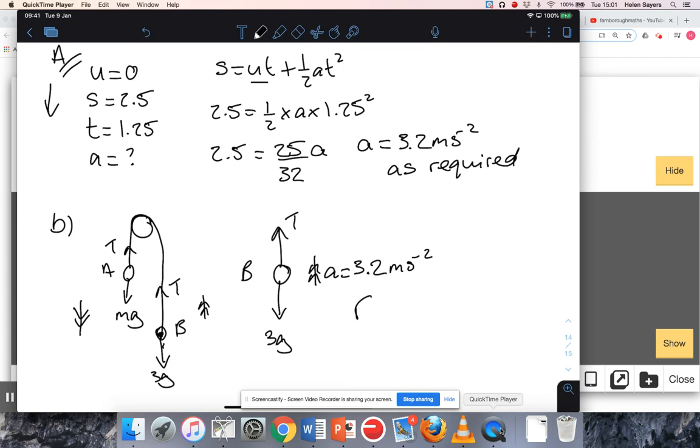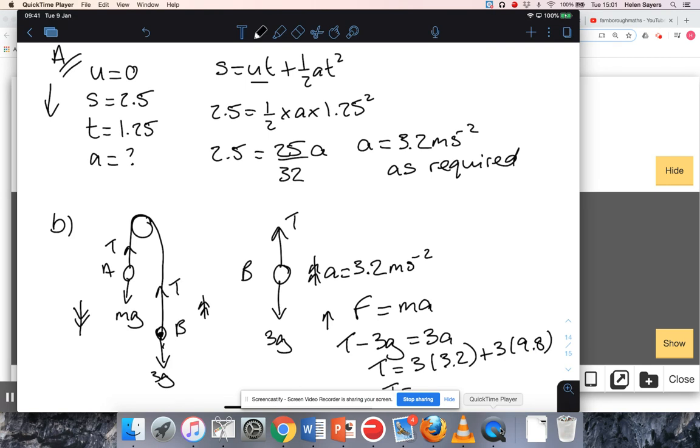So if I use F equals ma on B, and I take up as positive, the resultant force upwards is T minus 3g, and that's going to equal 3a. So T is going to be 3a plus 3g, and I know that a is 3.2.